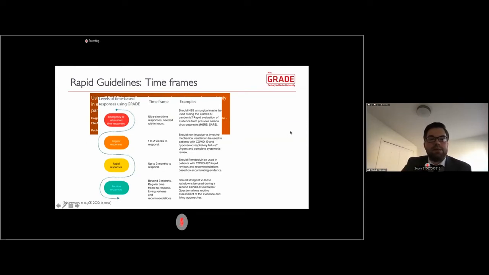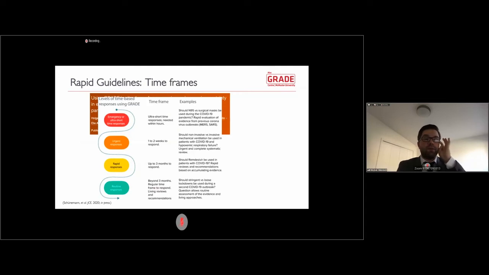And some examples from research questions related to the COVID pandemic are given for each of these time frames. So that's one way to consider in terms of the time available and the specific research question, what methods in the guideline development should be implemented and planned by the group depending on how much time they have.